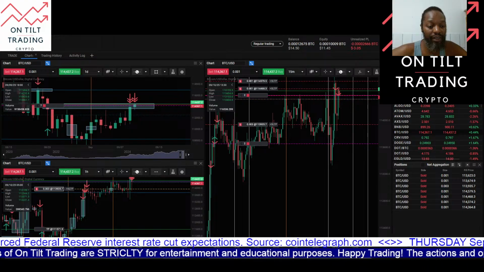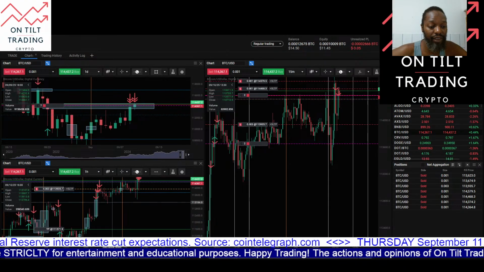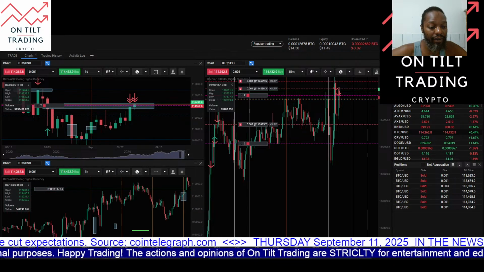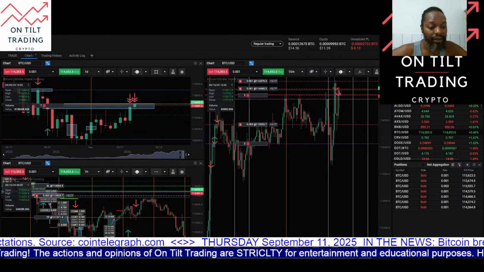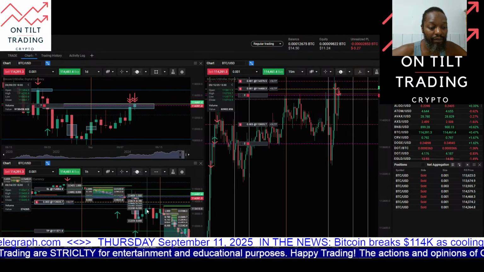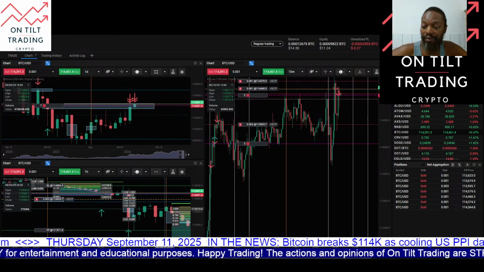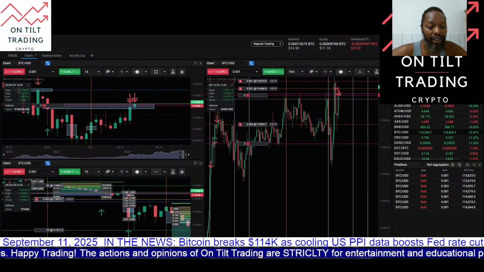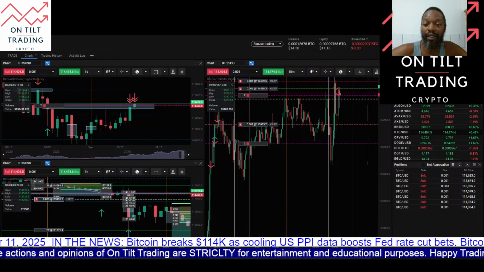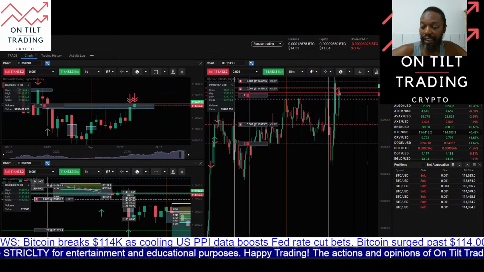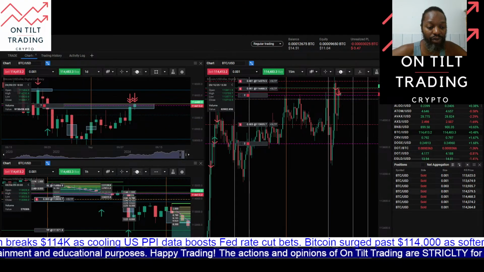And then for the first position that I took, I have to go back here, and my stop loss is just above this high right here. I could have set the same stop over here, but due to the nature of the price action this morning, things were moving pretty quickly.